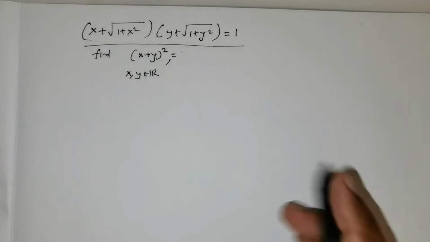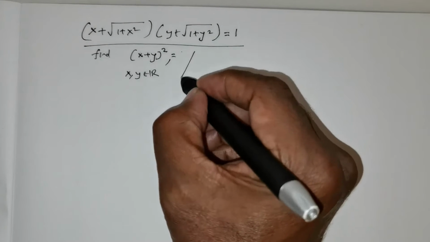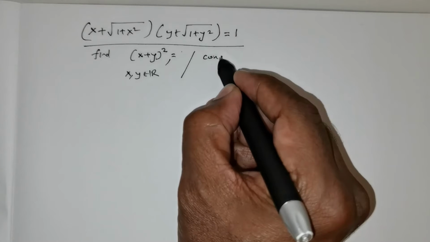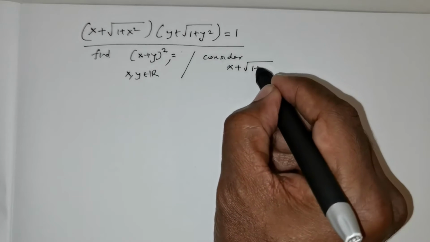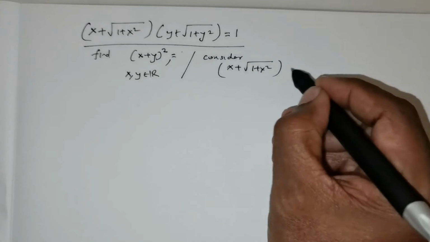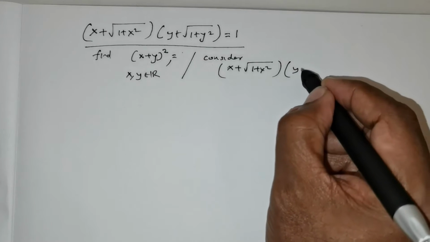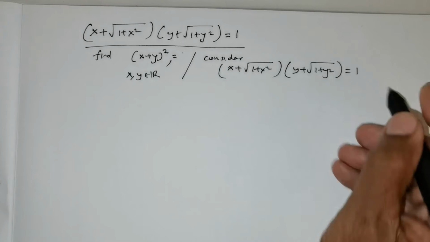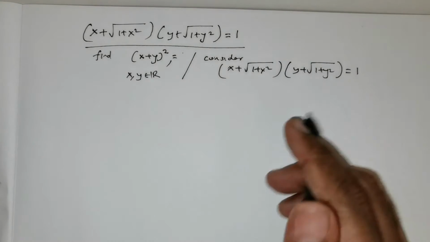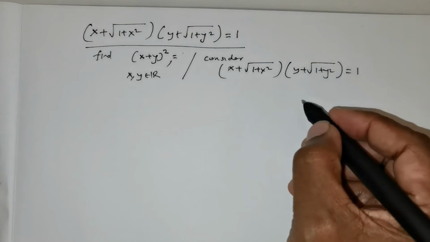So as usual, I'm going to consider (x + √(1 + x²)) times (y + √(1 + y²)) to be equal to 1. This is given, so I'm considering this equation.